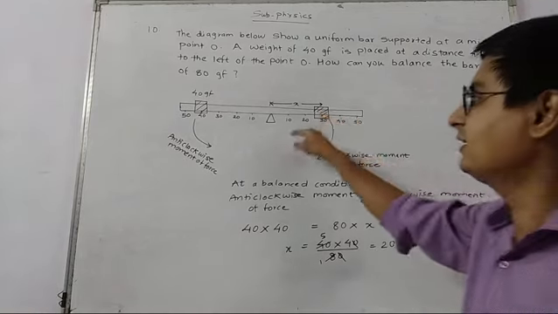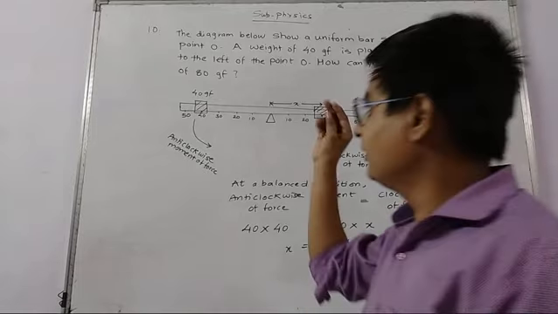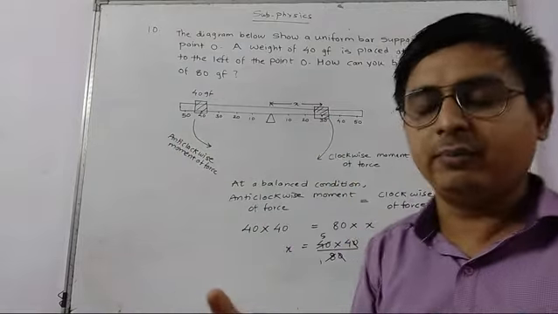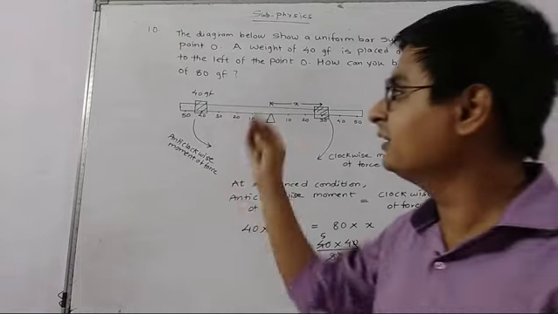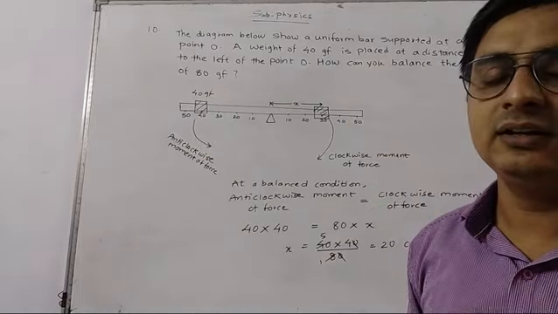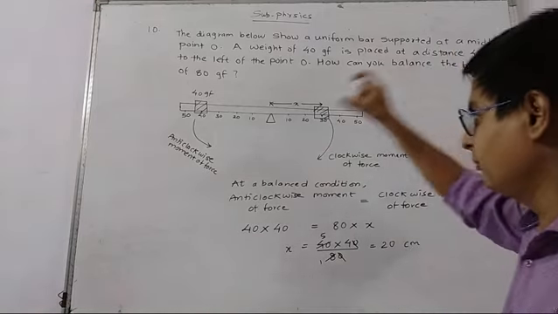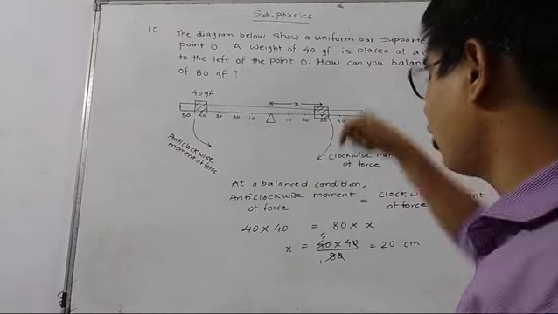But it should be at the right hand side of the fixed point, because the weight added in the left hand side was producing anti-clockwise movement. To balance it, we added a mass in the right hand side of the fixed point, which will be producing clockwise movement.